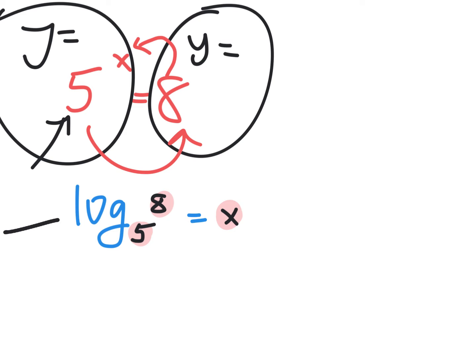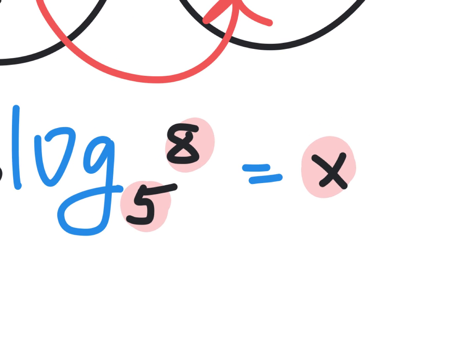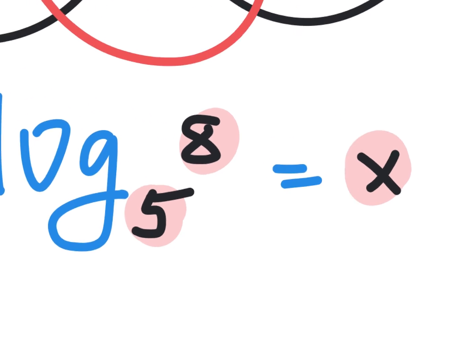Like I said, if you were saying Wi-Fi, it clearly means you don't know what you're talking about. Well, this is not log 5, 8. Log base 5 of 8. You have to say these words, otherwise you don't know what you're talking about. You don't say log 5, 8.